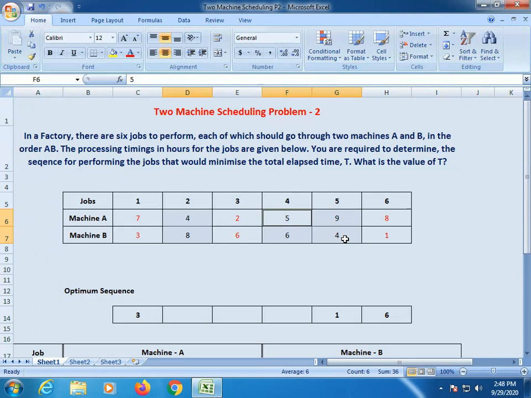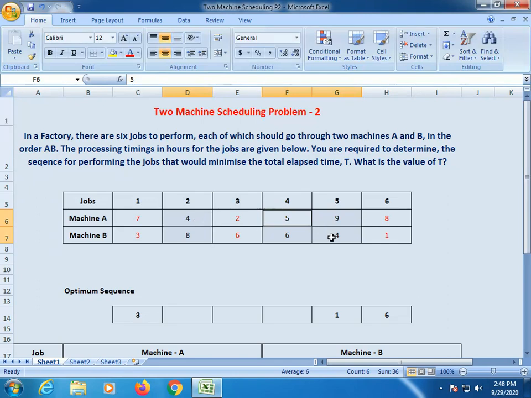Here we have 2 four-hour values. So here we can get a doubt: among all the processing times, whatever the shortest processing time, till now we just took into consideration and placed the job. Okay, that's fine. Here we have 2 shortest processing times.